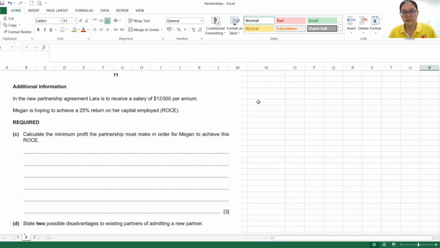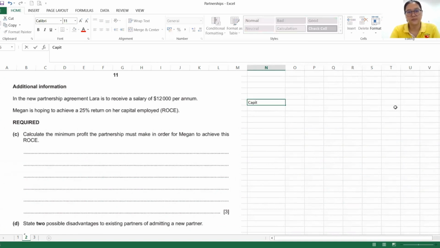So what is capital employed? Capital employed, ROCE. The formula for ROCE is the capital or the equity plus the non-current liability.